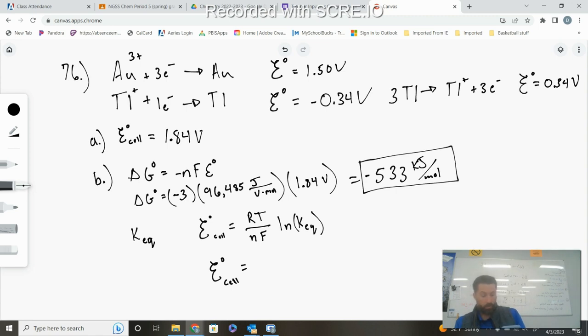So 8.314 times 298 divided by 96,485. And I'm double checking to make sure that I got this number right, because they do it in the book as well. They're just like, here, when you're using this, here's a useful number so that you don't always have to plug them in.